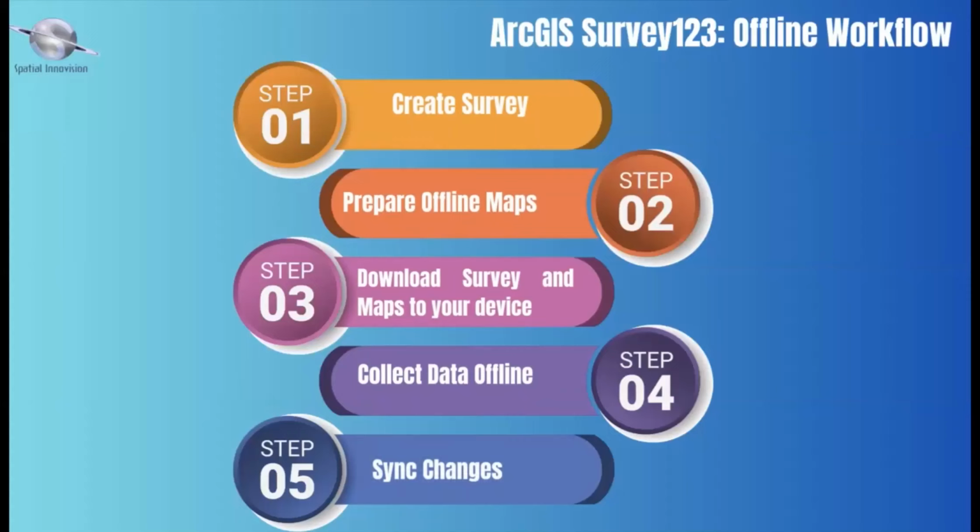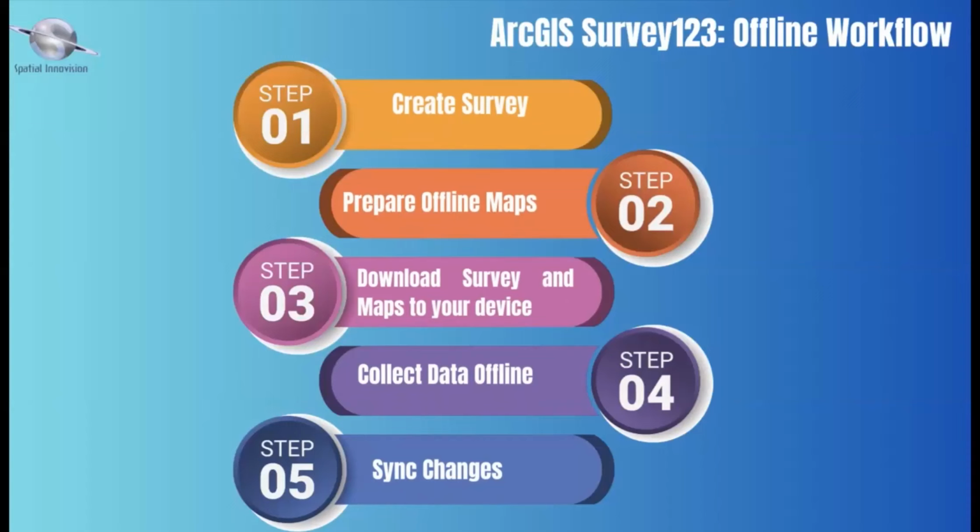The workflow for creating and using Survey123 surveys offline involves several steps. First, the user will design and configure the map in ArcGIS Online or ArcGIS Enterprise, including the necessary layers and features for data collection.